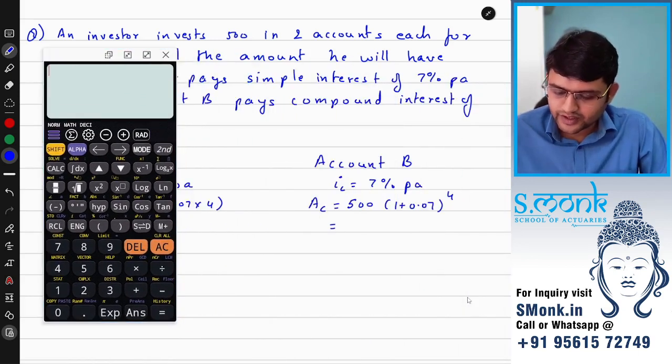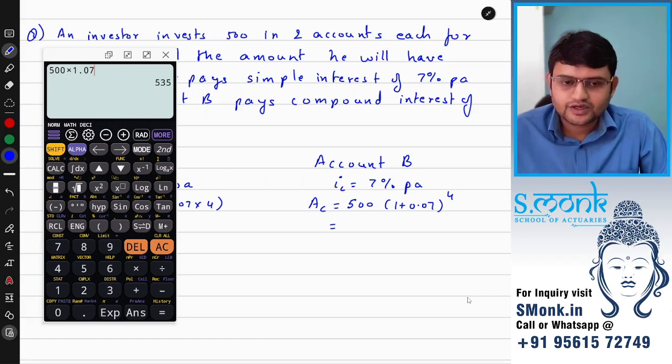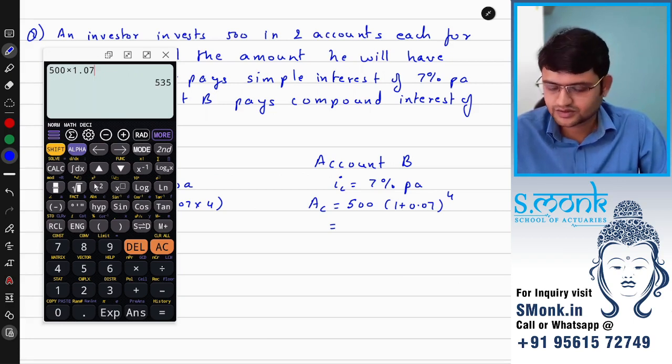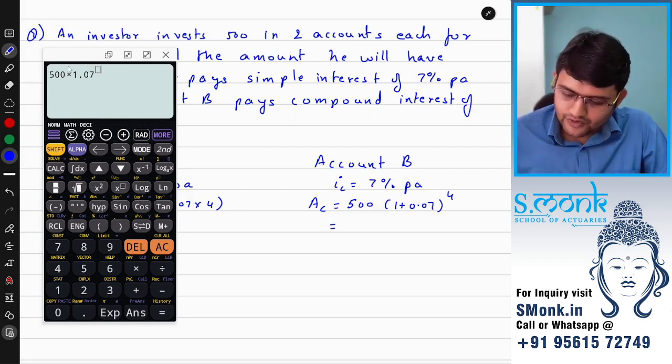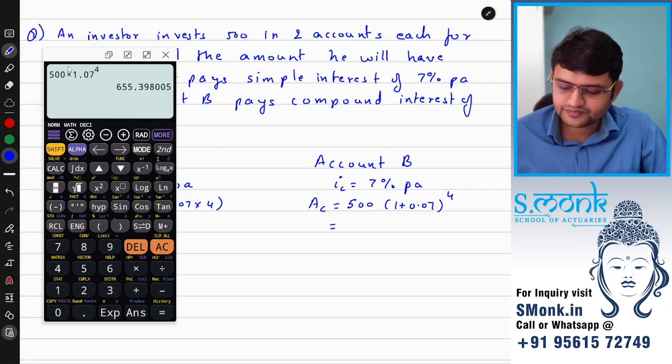In the calculator, 500 into 1.07, I want raised to 4. So I will select this x raised to bracket key here. And now you can see the cursor is on this bracket. So I will have to put 4 and then equal to.